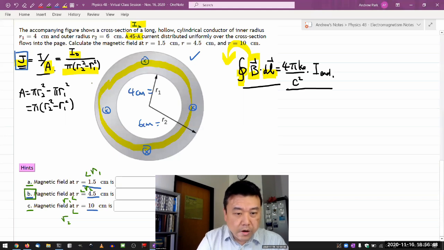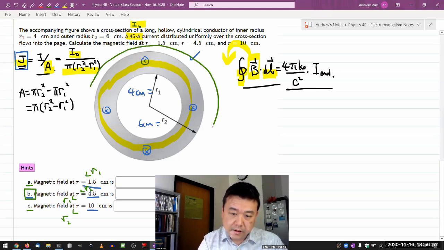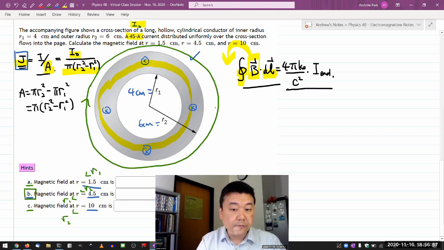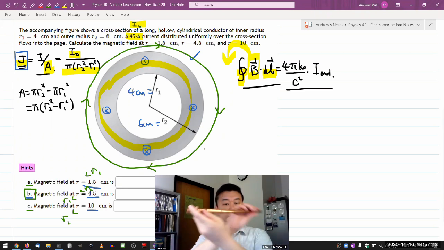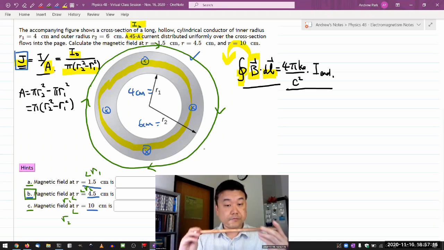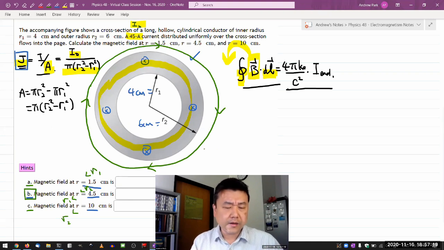So the only possible direction of the magnetic field is circular, going this way. If we didn't have the translational symmetry, then there might be a component of magnetic field that's perpendicular to the screen, but you don't have that. That's not consistent with the translational symmetry and the reflection symmetry. So that's one symmetry that constrains what direction the magnetic field can be.